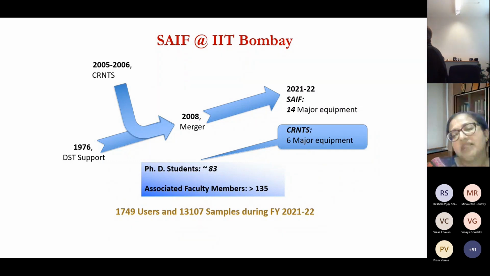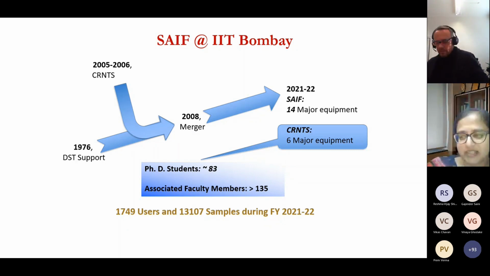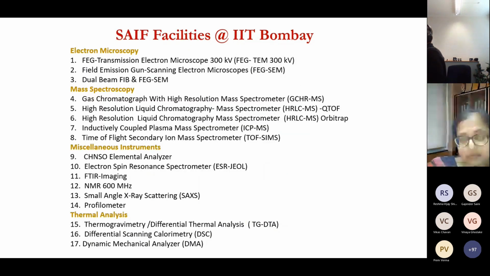We have several major instrumental facilities in SIF, and there are some in CRNTS also. Under CRNTS, we have PhD students working in the center, guided by faculty members across the institute. We have a large number of users, more than 1,700, and about 13,000 samples were run during the financial year 21-22.